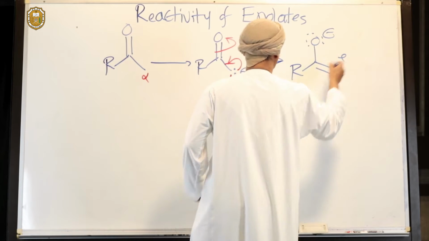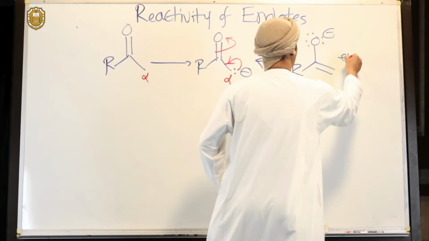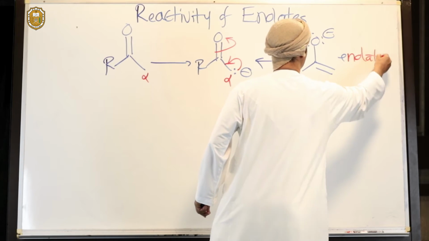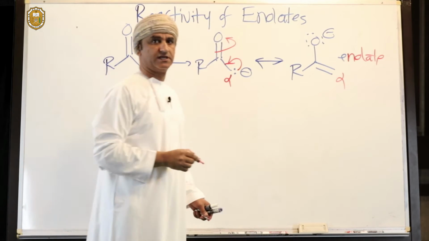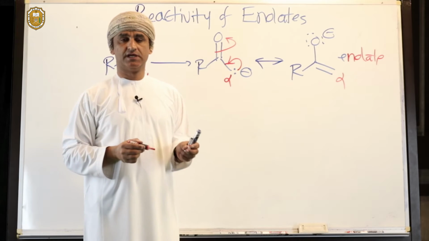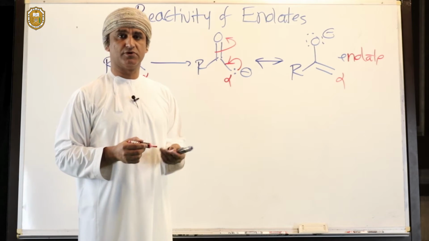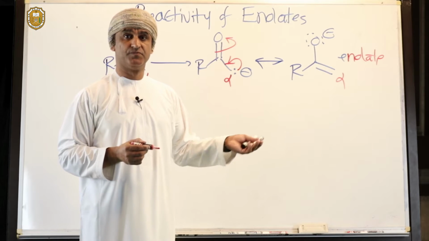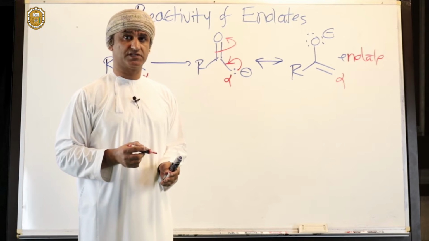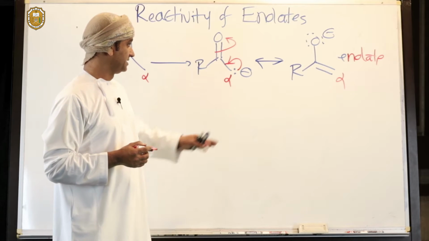So this is an enolate. And remember, enolates are nucleophilic at oxygen and carbon. Of course, the nucleophilicity of carbon is higher because the C-alkylation product is more favored thermodynamically than the O-alkylation product, as we have described before. So this is the enolate.